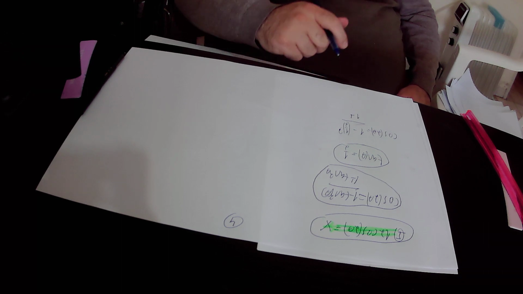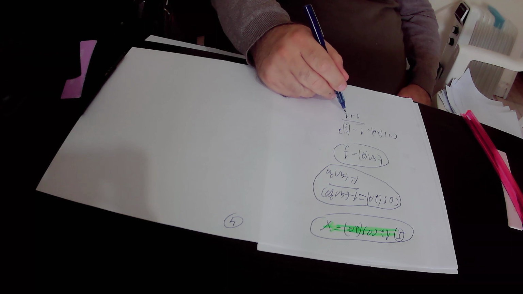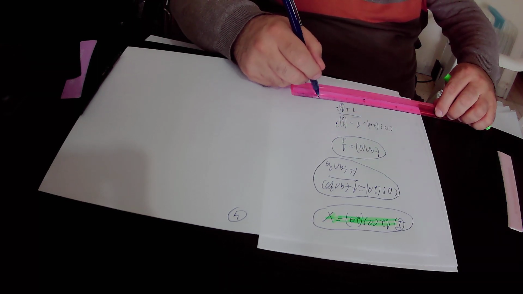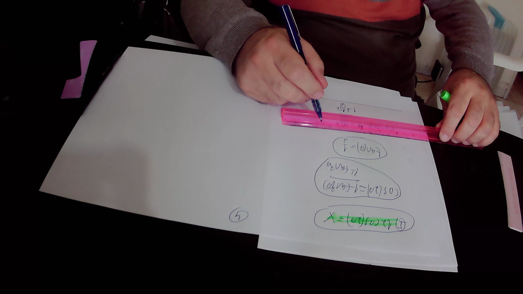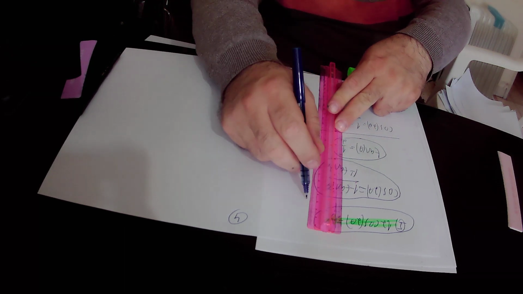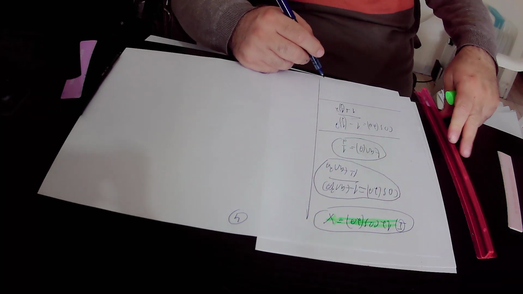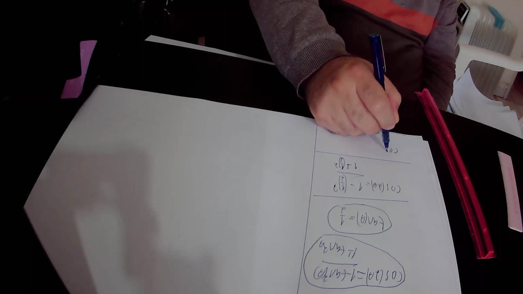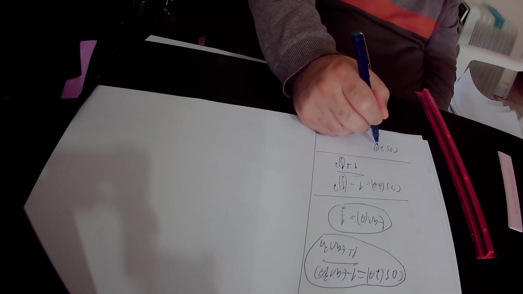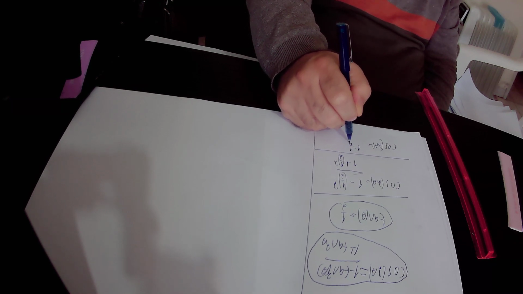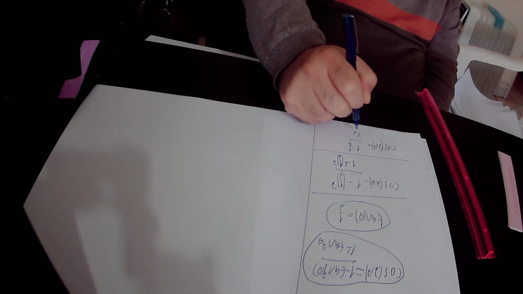Tangent square theta equals 1 half squared. One half squared is 1/4, so I write it down. We found out that cosine 2 theta equals 1 minus 1/4 over 1 plus 1/4.